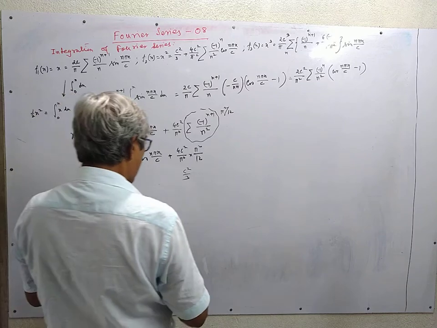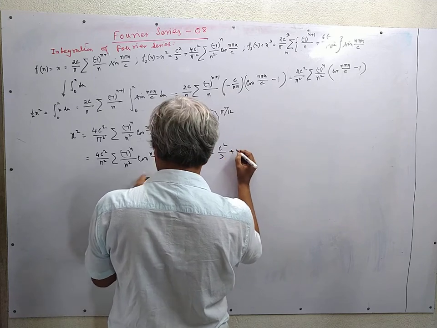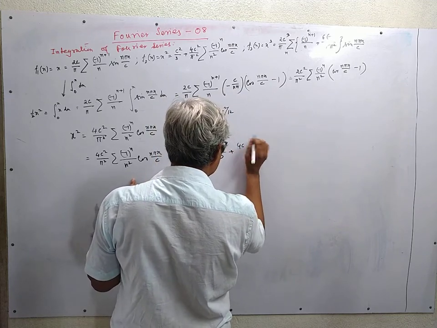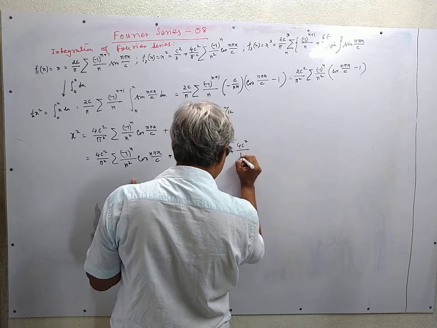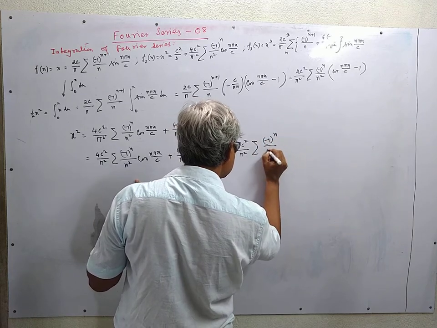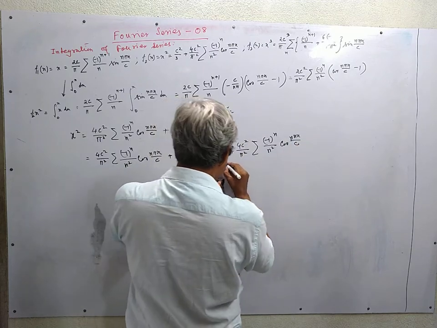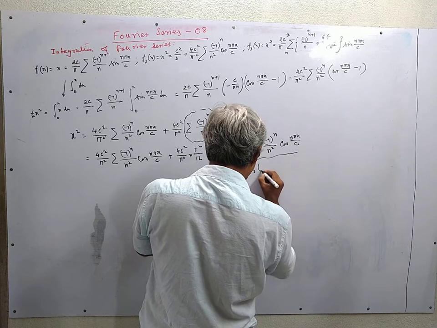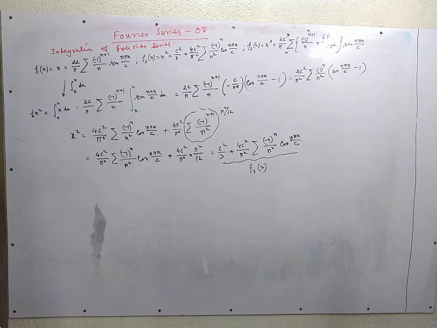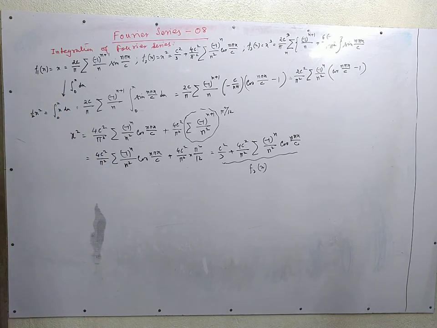So we write it as, if we write this term first, c square by 3 plus 4c square by pi square... this is exactly F2 we have listed above. So the left hand side and right hand side are the same. That is, we see that the term by term integration of Fourier series leads to a correct result.